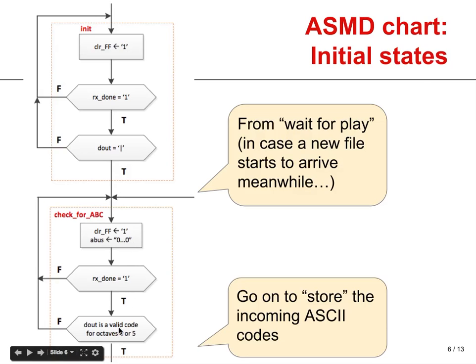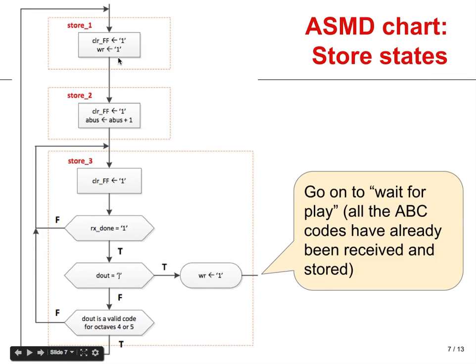Now when the first ABC code arrives, we can move on to the store states, and we'll start by activating the write control signal. So the currently received ABC node will be stored in the first position of the memory block. Then we will increment the address bus, and it will point to the first available position that follows.